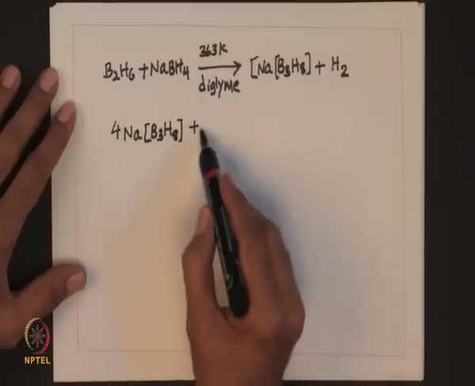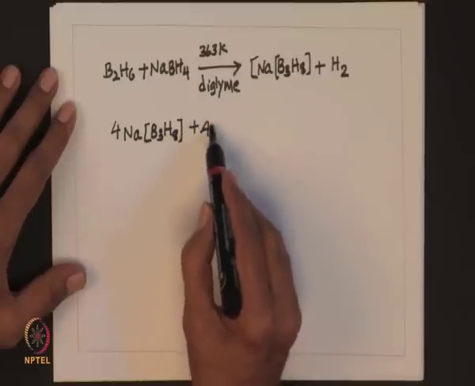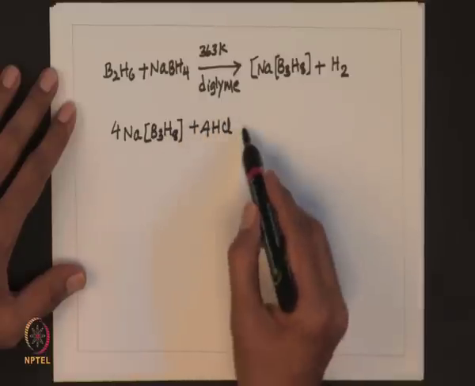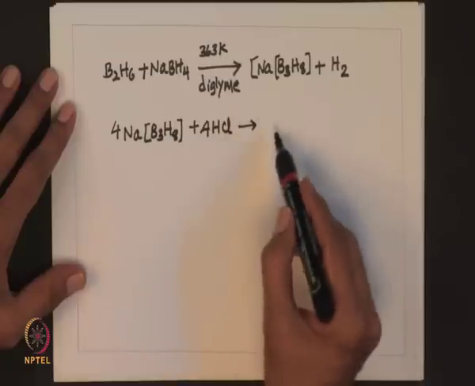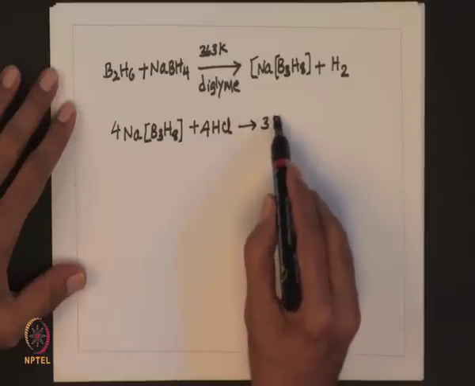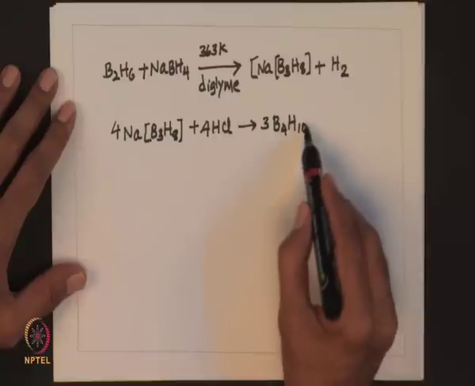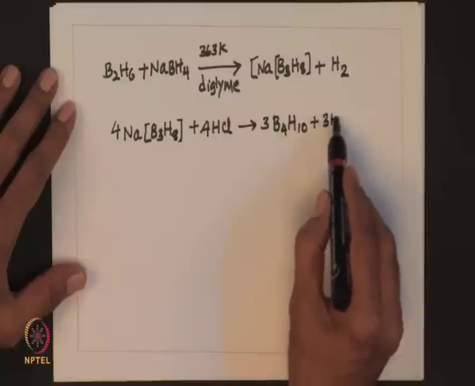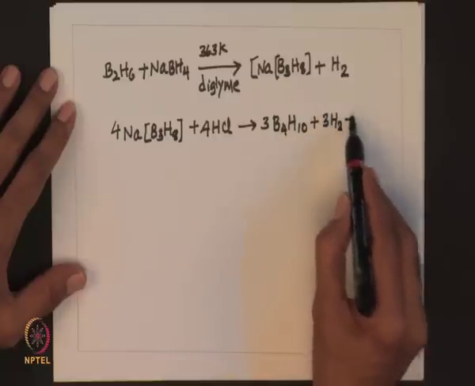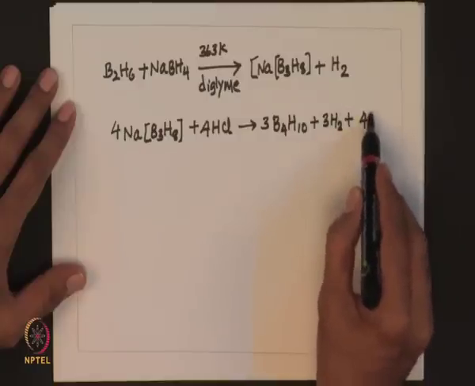this reacts with a stoichiometric amount of hydrogen chloride to give neutral boron hydride B4H10. Of course, hydrogen gas comes along with sodium chloride.